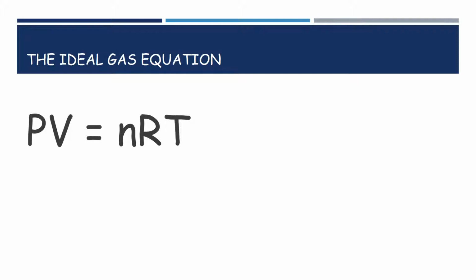So the ideal gas equation ends up being PV equals nRT. And we're going to be using this equation a lot because more often than not, the gas is not at STP. So what do we have to remember? The pressure must be in kilopascals.